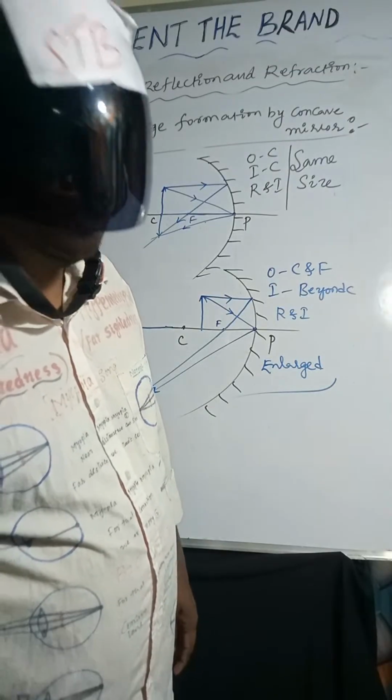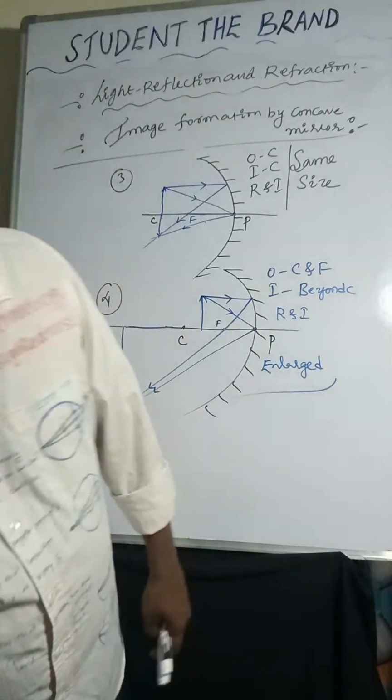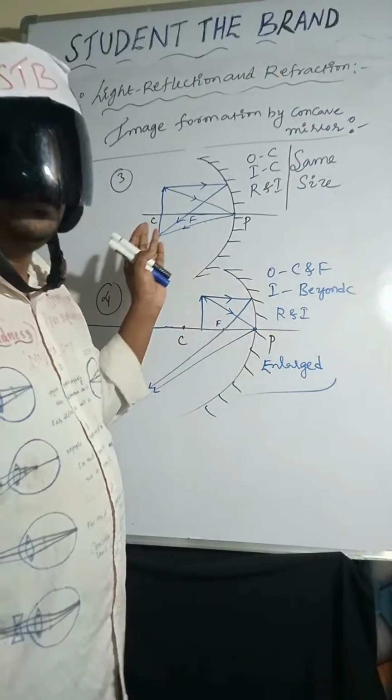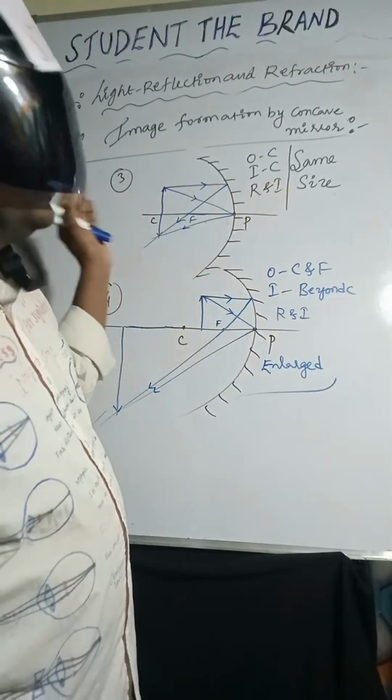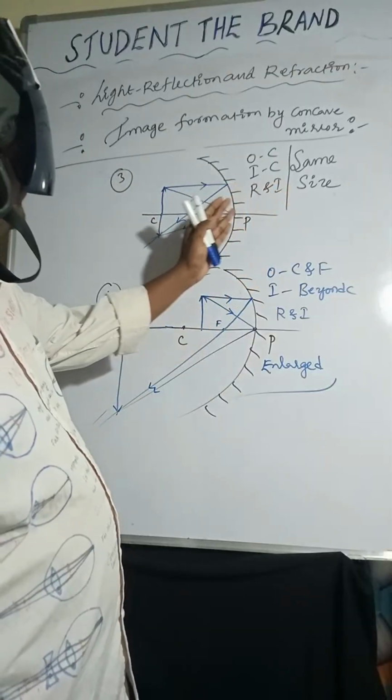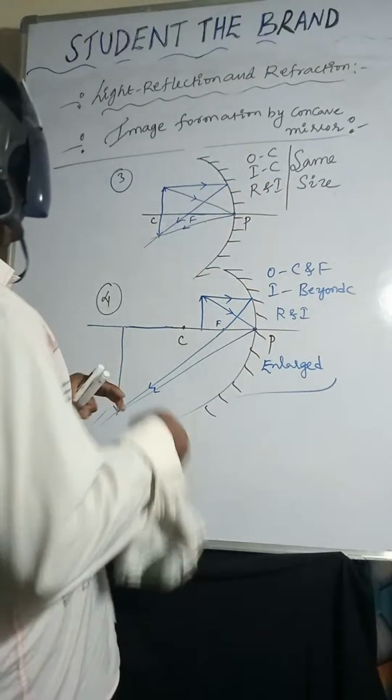Very good, correct. Next, if the object is moving towards the concave mirror, the image will form away from the concave mirror.